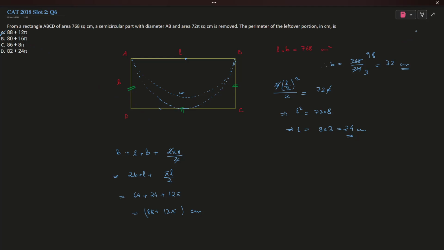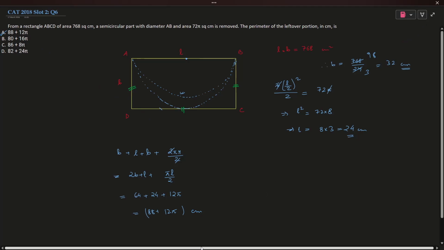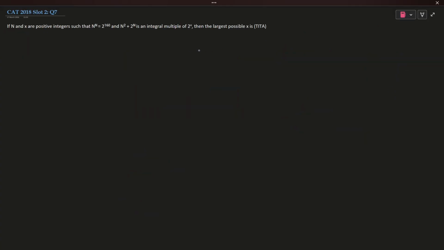Okay, another simple question. Okay, let's move on to the next question. If n and x are positive integers, both are positive integers, meaning both belong to natural numbers, such that n to the power of n is given as 2 to the power of 160, and n square plus 2 to the power of n is an integral multiple of 2 to the power of x.